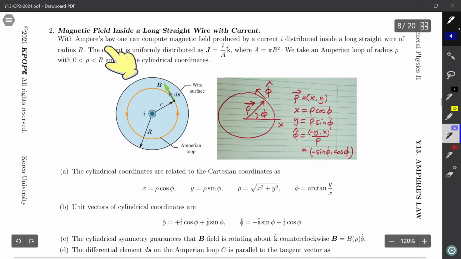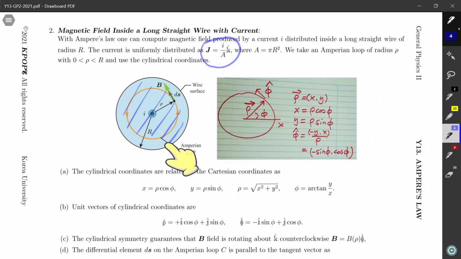Next, we consider the magnetic field inside the long straight wire with current. In this case, current is distributed as a current density over a certain area.